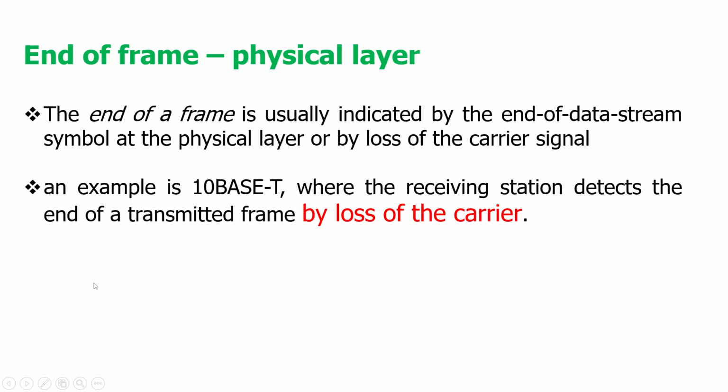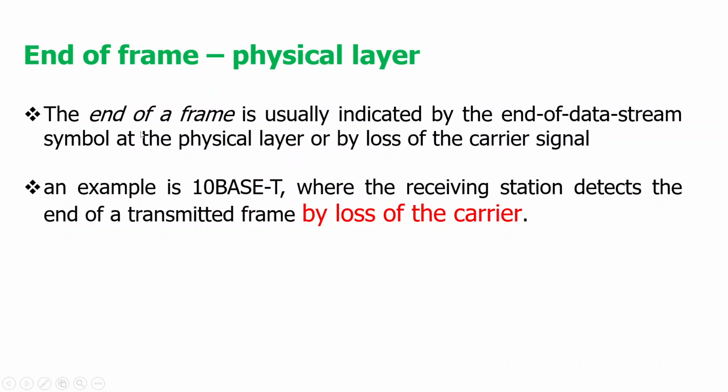Next, the synchronization bits are the 56 bits, that is 7 bytes of preamble, and 1 byte of SFD. The start frame delimiter indicates the start of the frame; likewise, the end of the frame must be indicated. The end of the frame is handled by the physical layer.